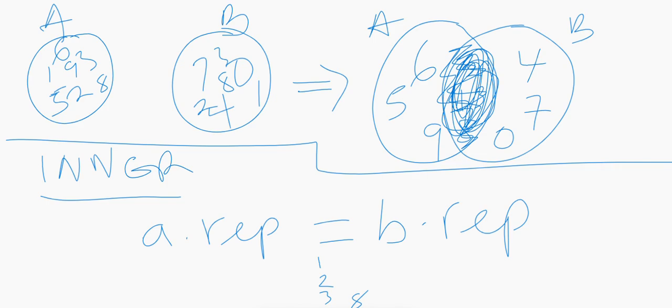So the records are going to reduce. That is inner join. Inner join is what is common to A and B. In mathematics, that is intersection. It's represented by this. So let's move on.